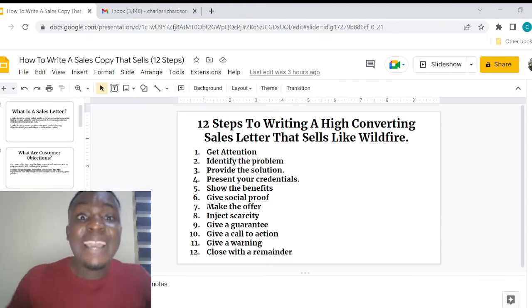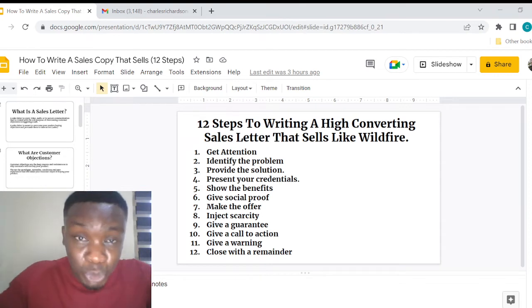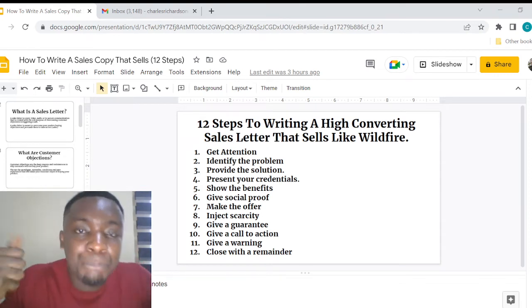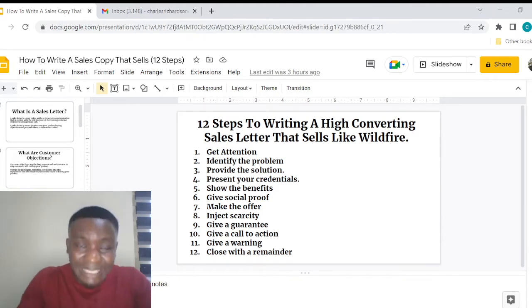Like I said, a sales letter is like a pot of soup. Every ingredient has to be added in the right proportion for the pot of soup to taste very delicious. And that is the same with a sales letter. For a sales letter to convert, there are 12 steps, 12 elements that make a powerful, high converting sales letter. And we are going to go over them now.